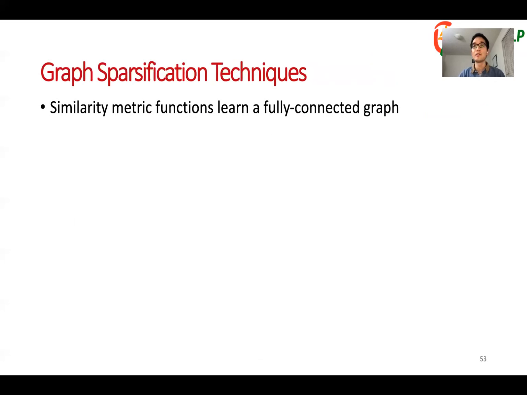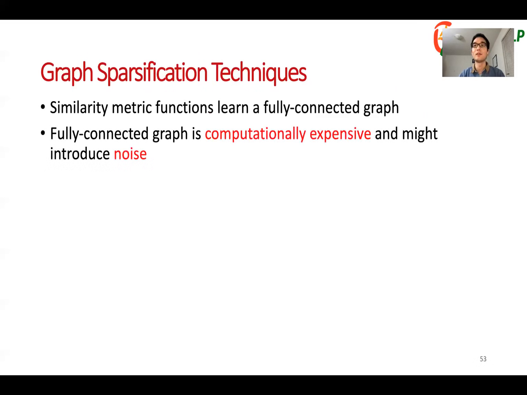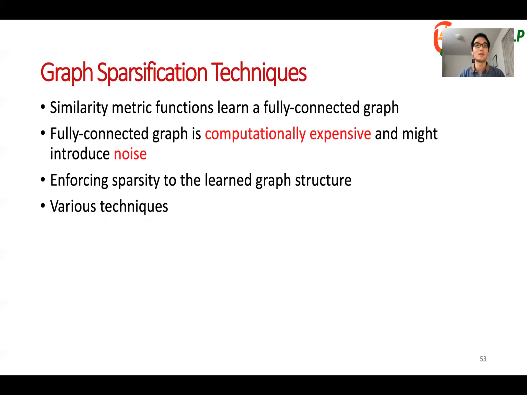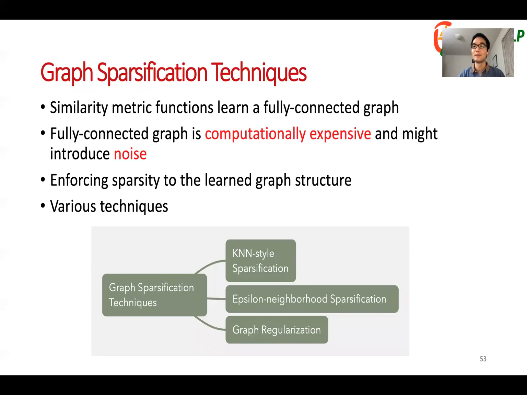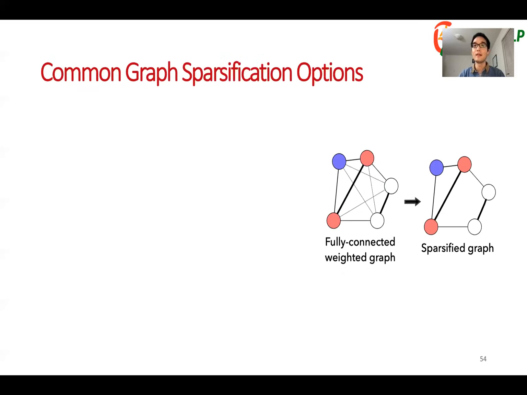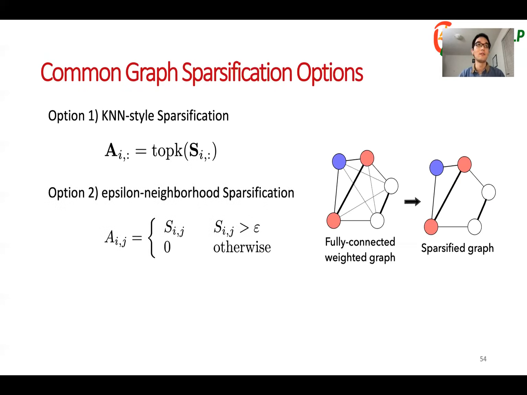So far, similarity metric functions learn a fully connected graph. However, a fully connected graph is computationally expensive and might introduce noise. We might want to enforce sparsity on the learned graph structure to obtain a sparse graph by leveraging various techniques, such as what we list as follows. For kNN-style sparsification, for each node, only the k nearest neighbors, including the node itself, and the associated similarity scores are kept, and the remaining similarity scores are masked off.